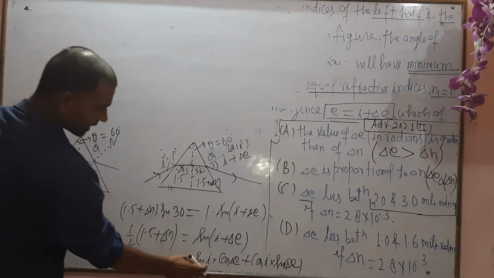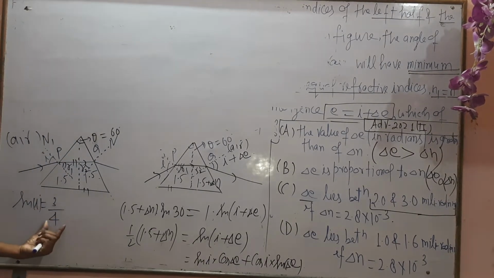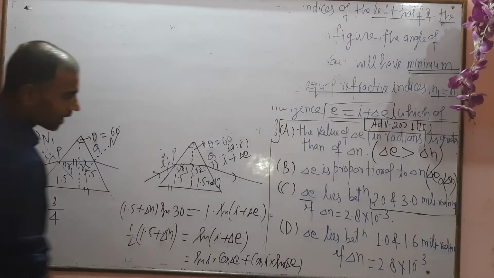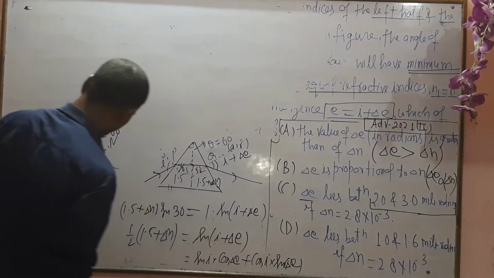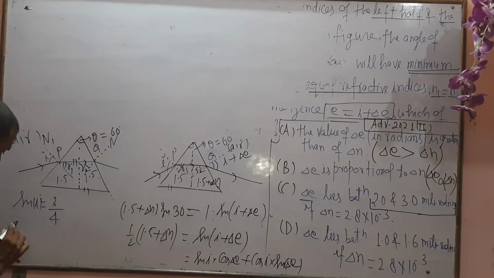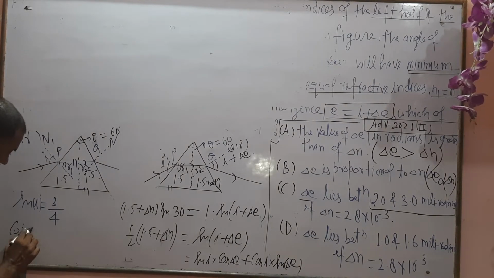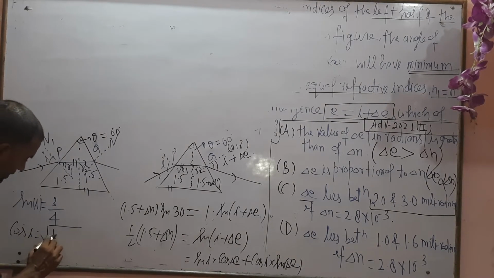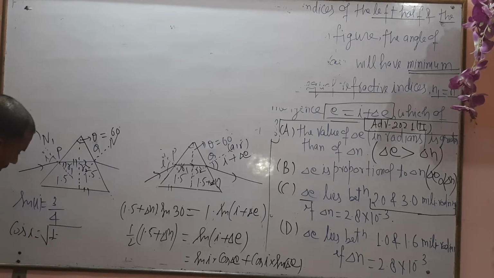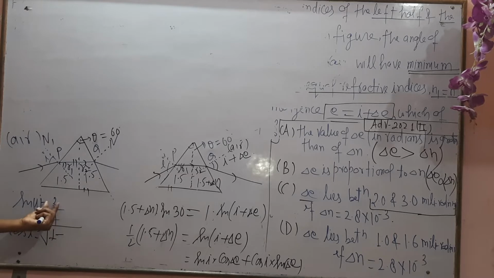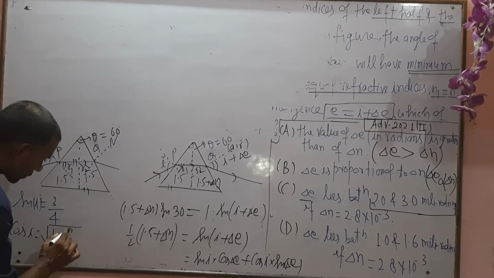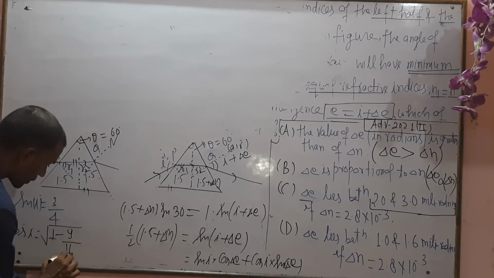And at this point, we know that sin i equals 3 by 4. And this is cos i, and cos i equals the root of 1 minus sin squared i. Sin i equals 3 by 4, so 3 by 4 whole squared equals 9 by 16.